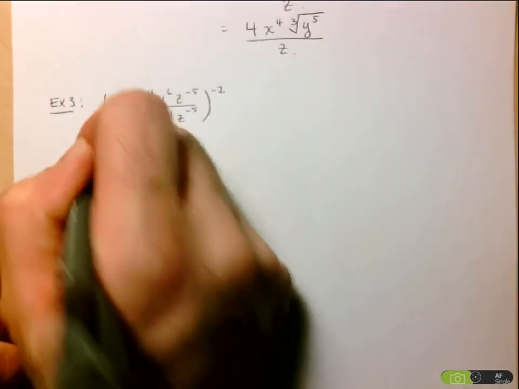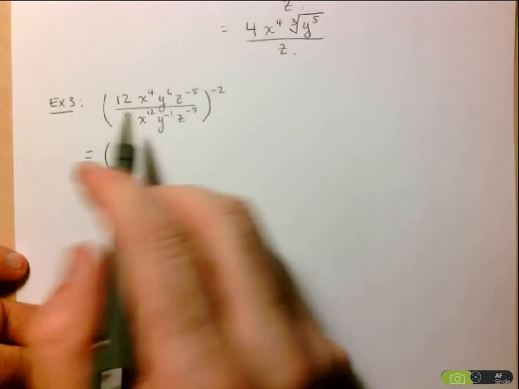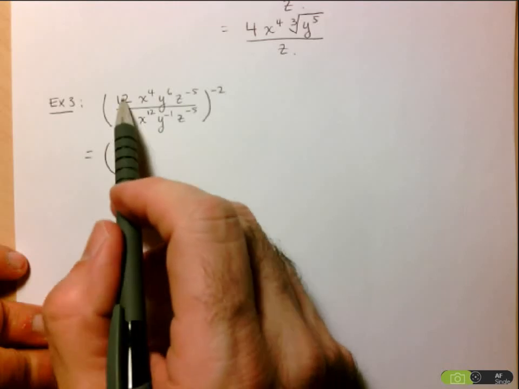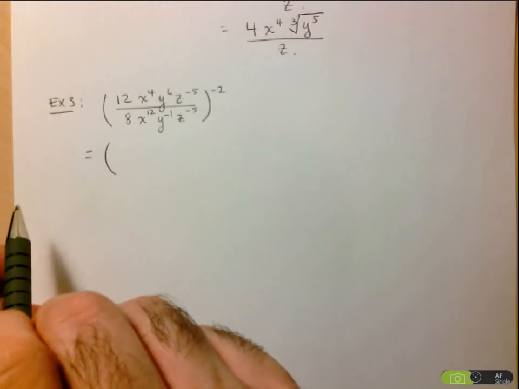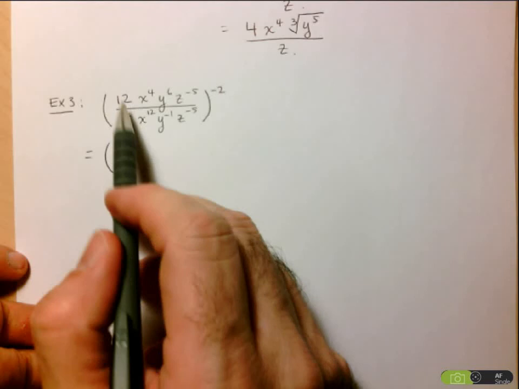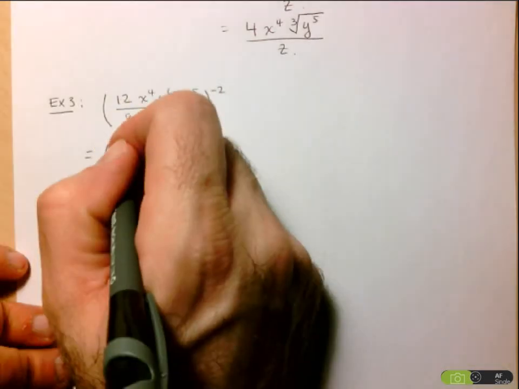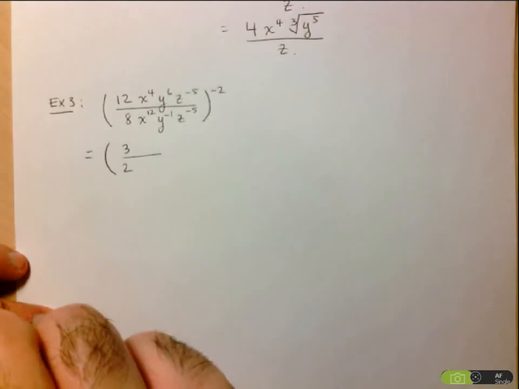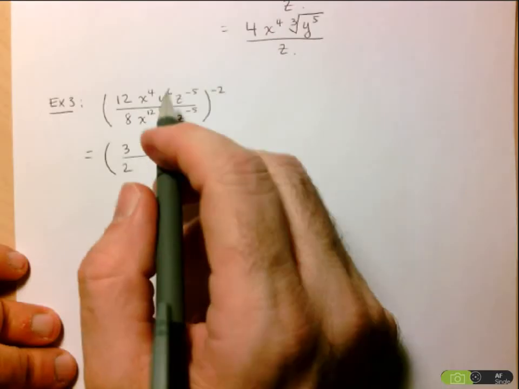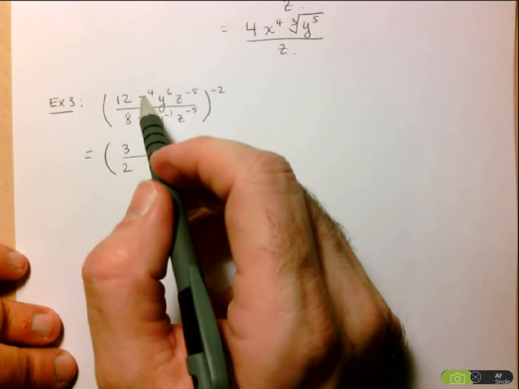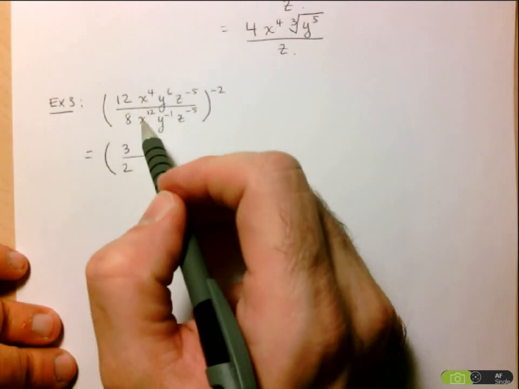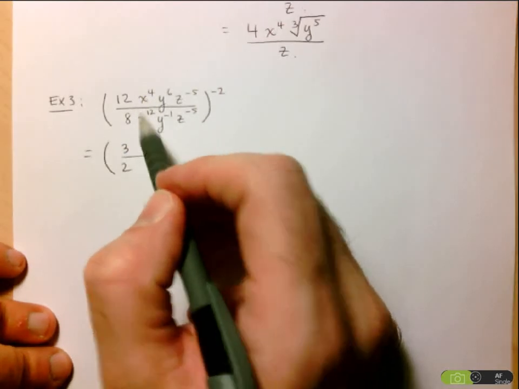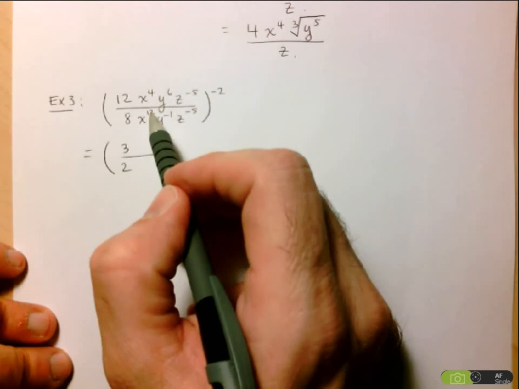So let's start here. Again, let's start with the coefficients. We've got 12 over 8. Well, they're both divisible by 4, so that leaves me with a 3 in the numerator and a 2 in the denominator. Let's see what we have here. We have x to the 4 divided by x to the 12. So 4 minus 12 is negative 8.